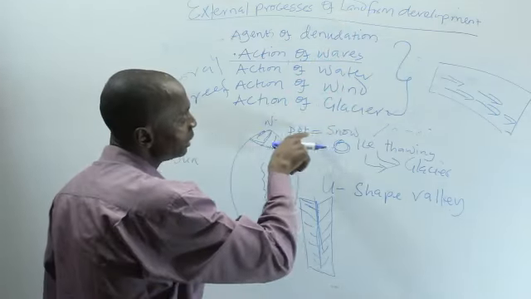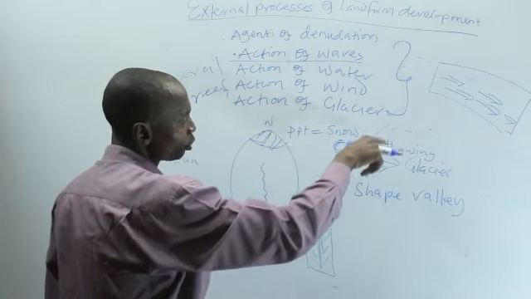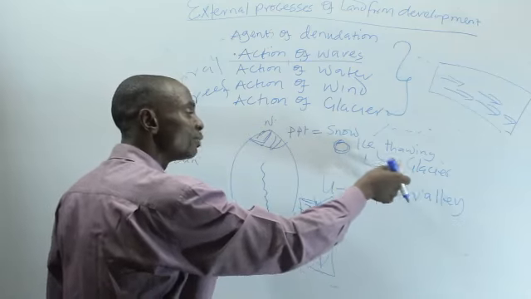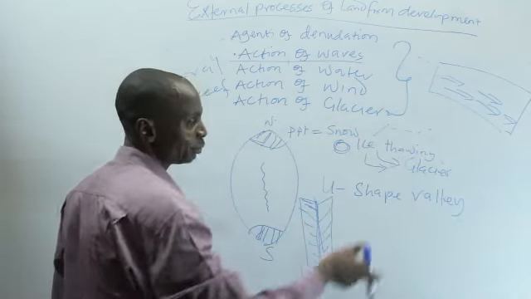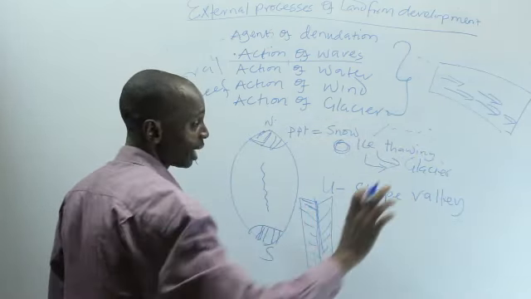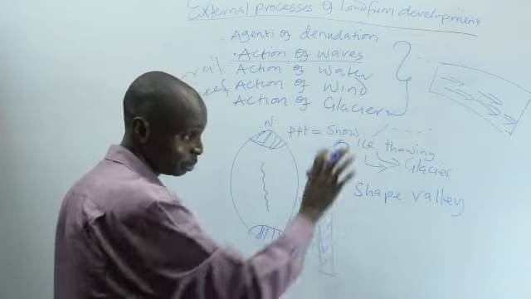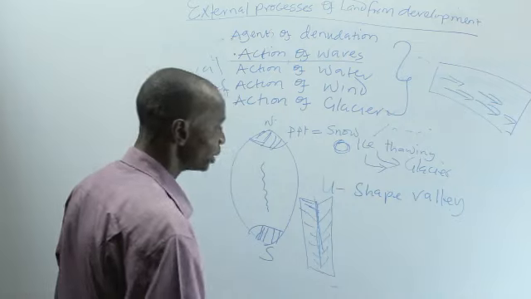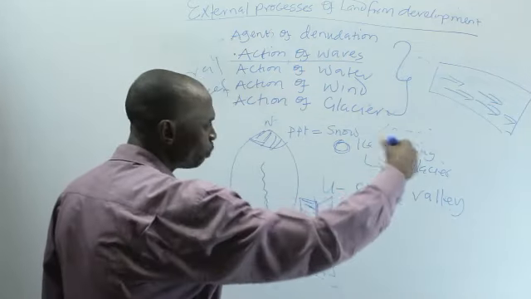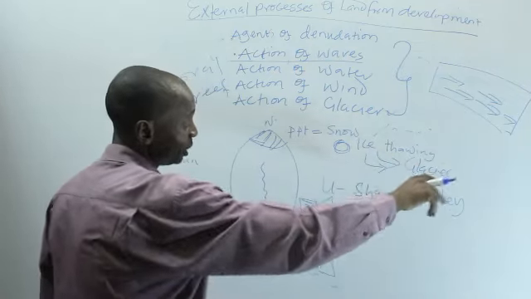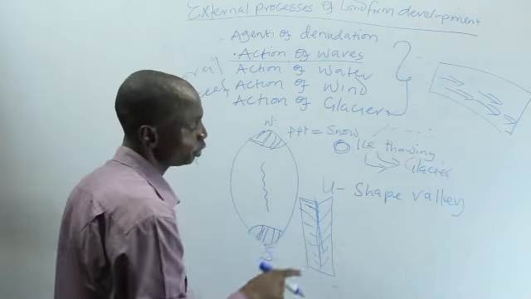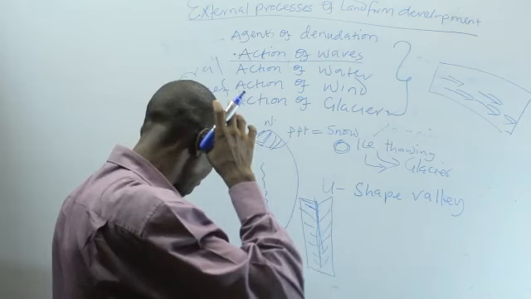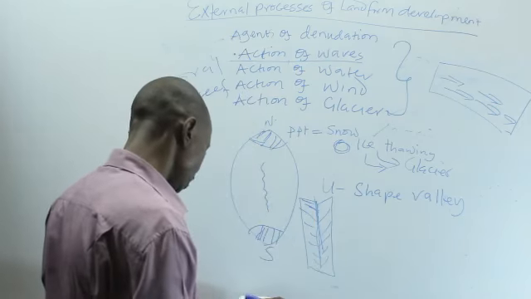So when this snow or ice thaws and begins to flow, it is now glacier, and as it flows on the ground, it carries material. These materials are carried in different forms. It can be dragging, it can be pulling, it can be jumping. So this jumping, pulling and dragging of materials on the ground can lead to the formation of what we call a U-shaped valley.